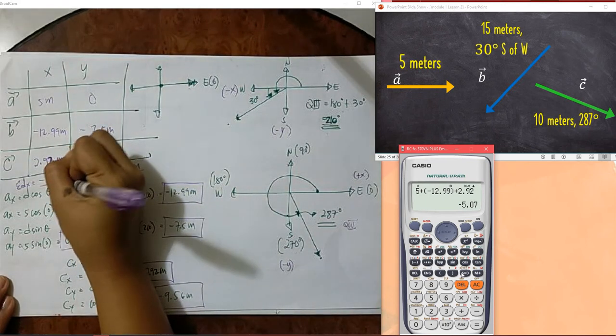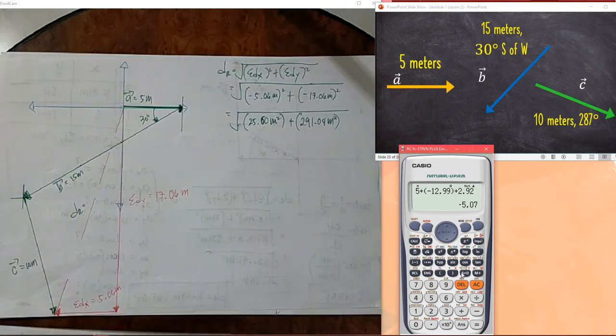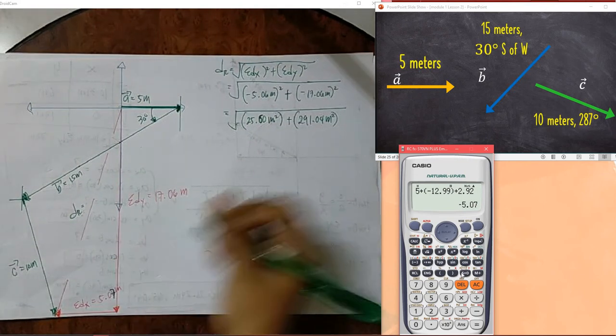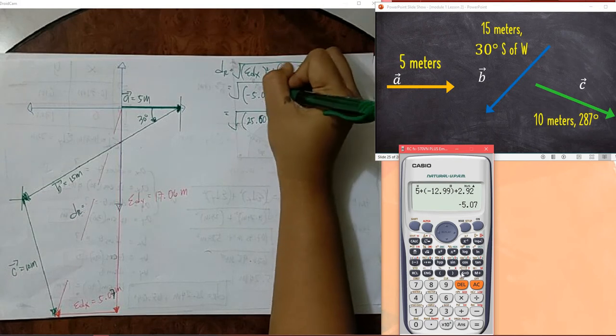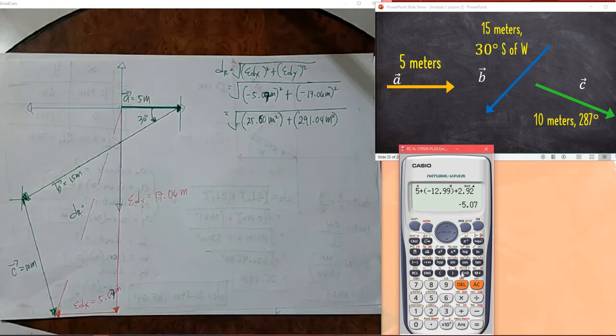Anyway, konti lang naman yung discrepancy. So, in our calculation here, lagay natin dito, 7. You can put some corrections there para mas tama yung calculations natin.